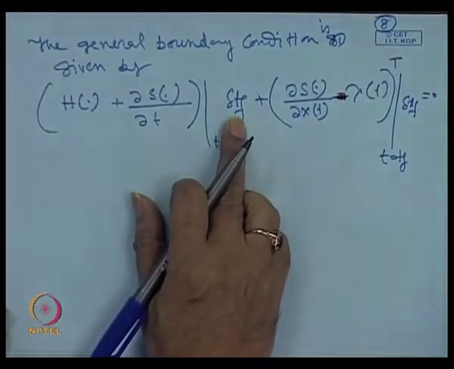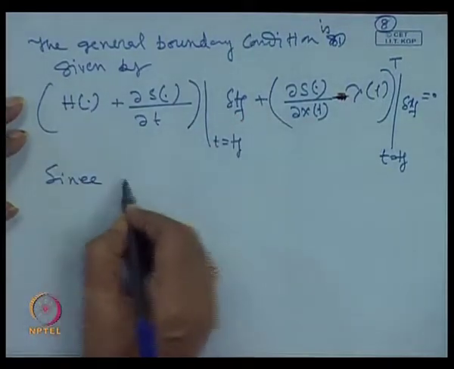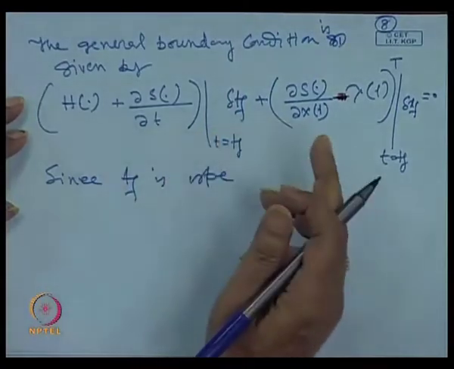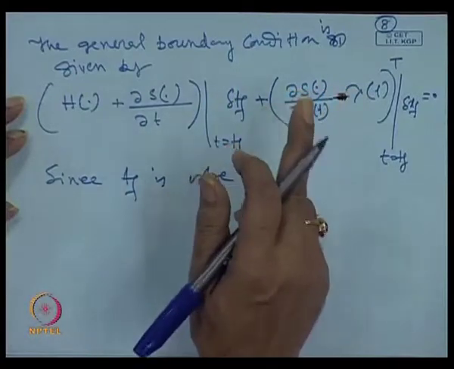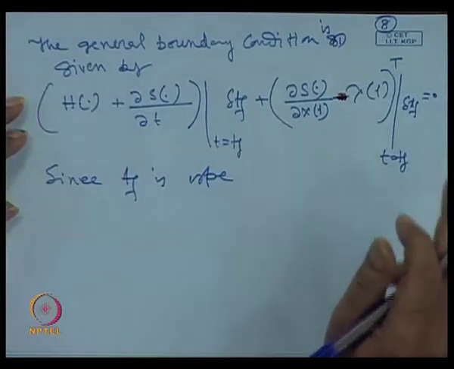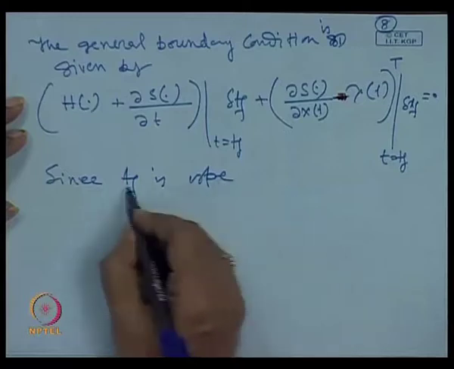Since T f is specified, because we have considered our problem that our aim is driving the initial state x of t 0 to a final state x of T f, at t equal to T f, near to the origin. So, T f is specified.